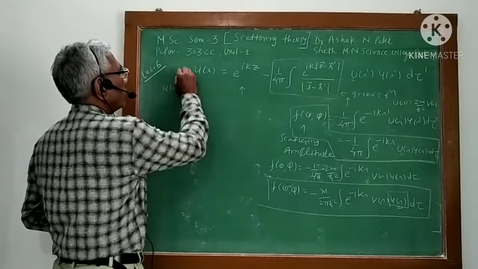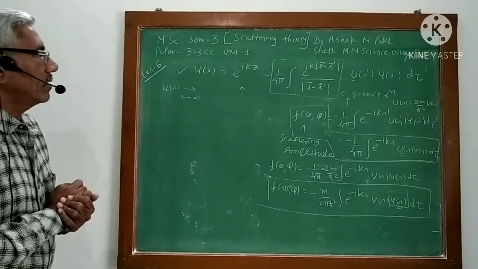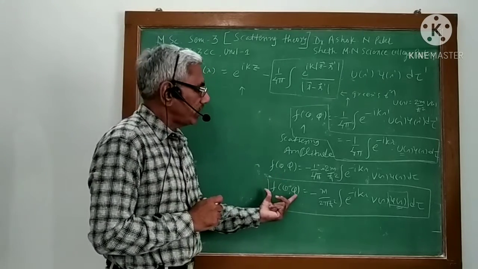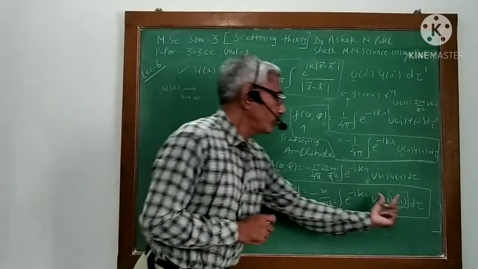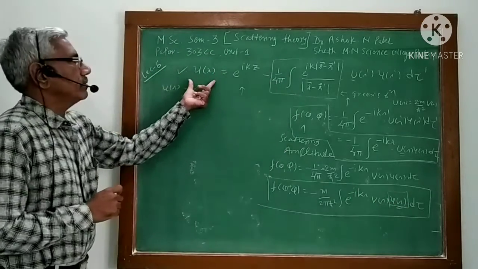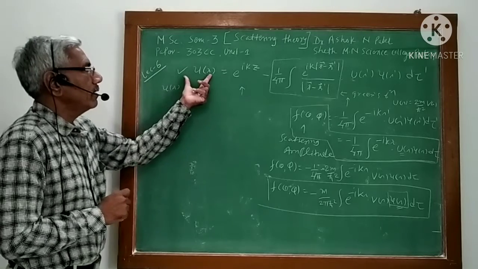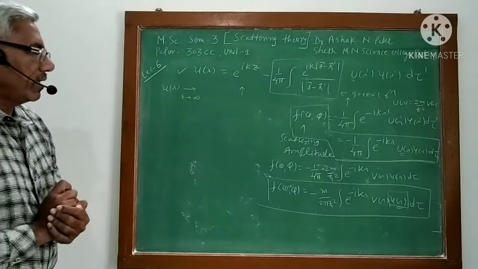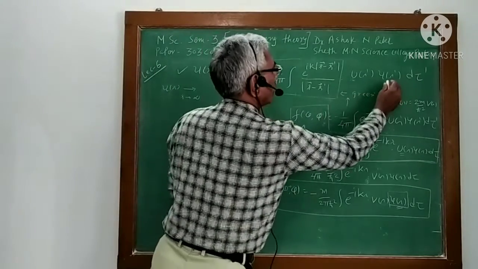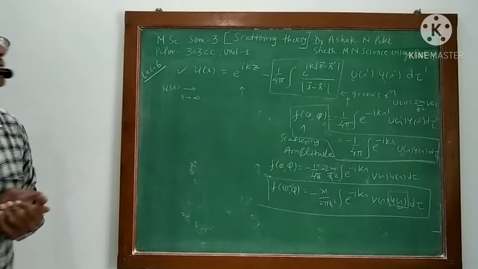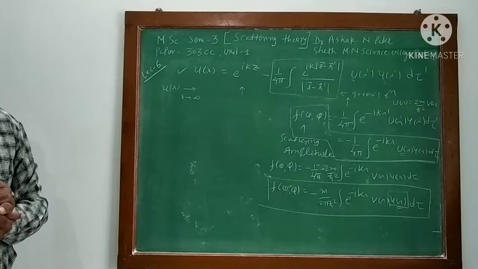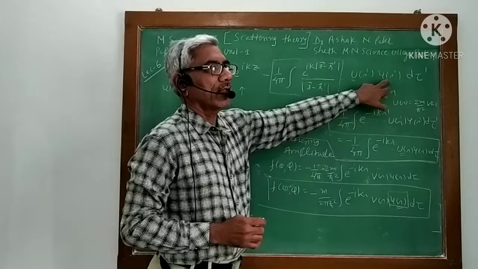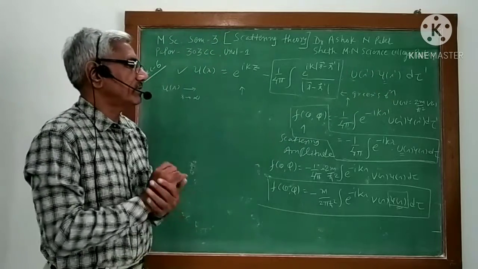We have this formula for this UR. Suppose you want to find out the scattering amplitude, then you should know the UR. For this UR, you have to solve this integral, and that integral also contains this part UR dash. So to find this, you have to find UR dash. Then and only then can you solve this.